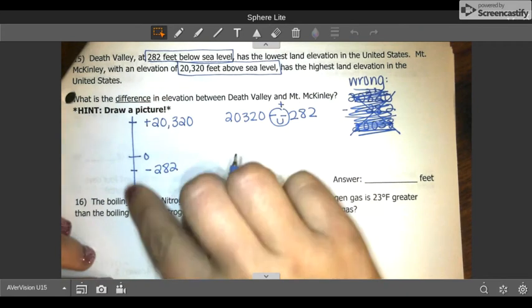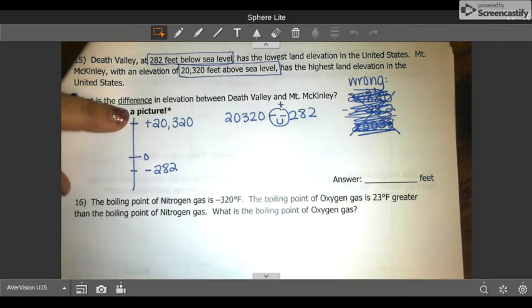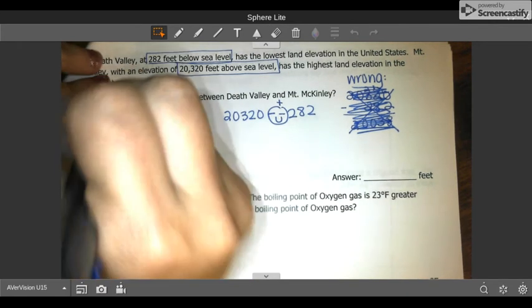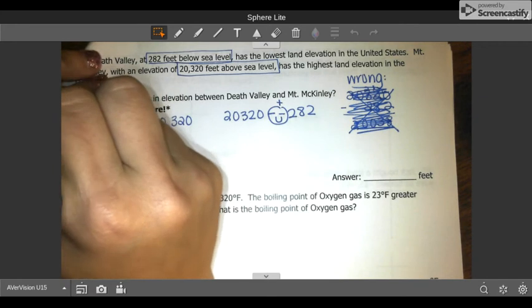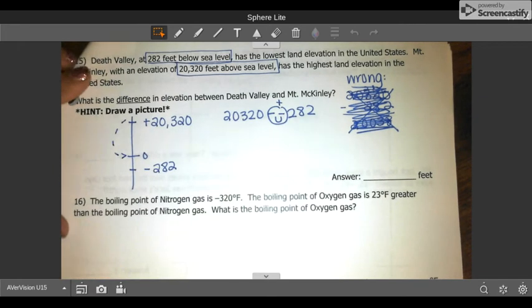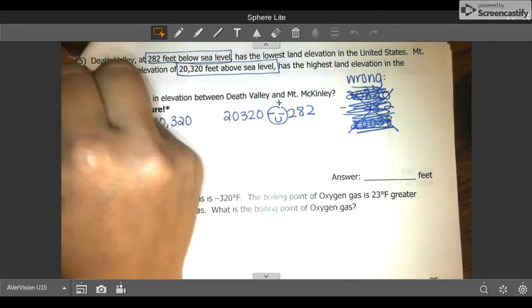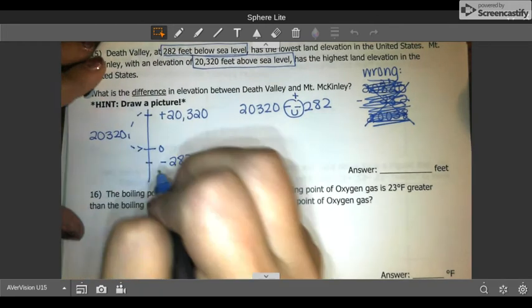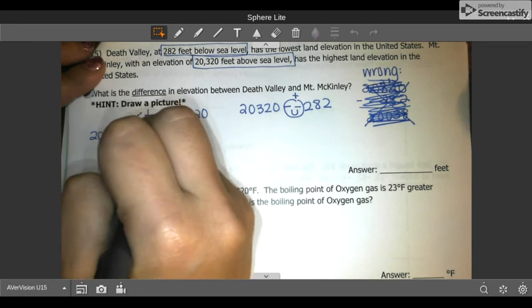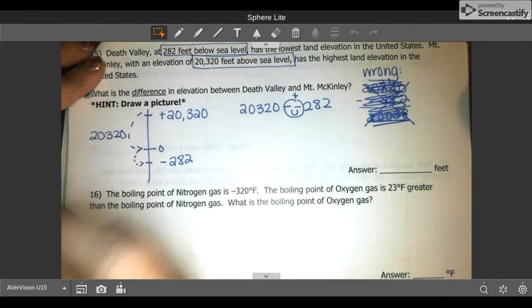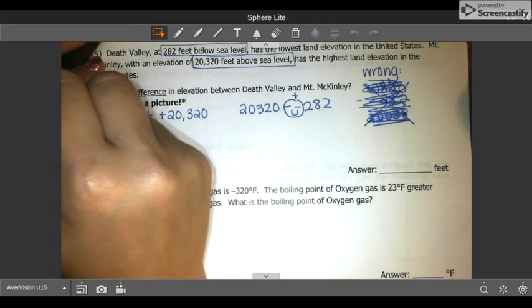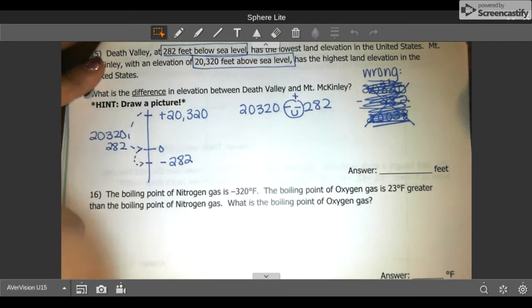Now, another way of showing you this is let's put you on the top of Mount McKinley. How far would you have to travel to get to sea level? You'd have to travel 20,320 feet. How far more would you have to travel to get into Death Valley? You'd have to travel 282 more feet.